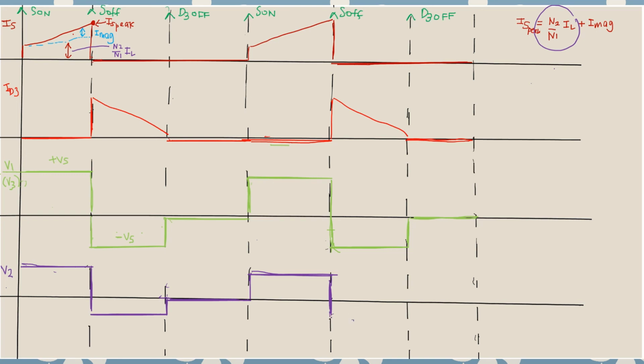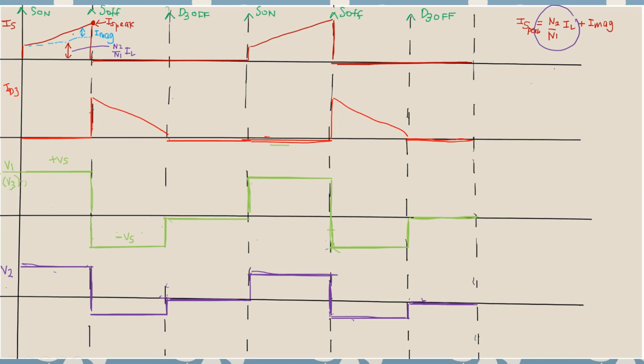Then when the S is off, you have a negative V2, and then when the D3 is off, of course there's no more V2.